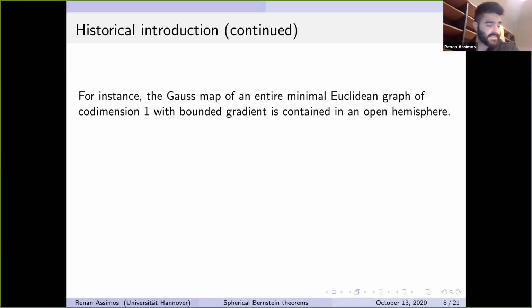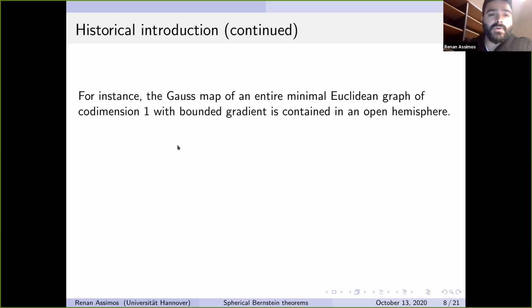So for instance, let me say why we are talking about the Gauss map. The Gauss map of an entire graph of a function from R^p to R is contained in the closed upper hemisphere of a sphere, right?